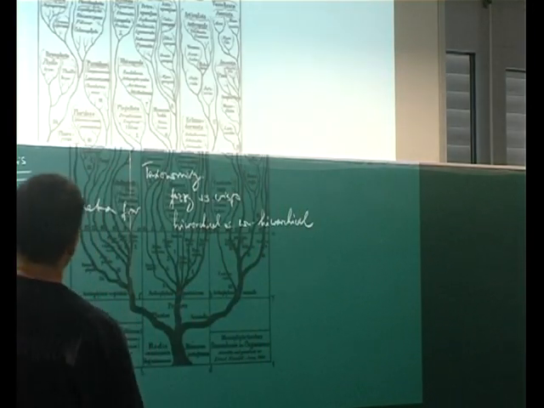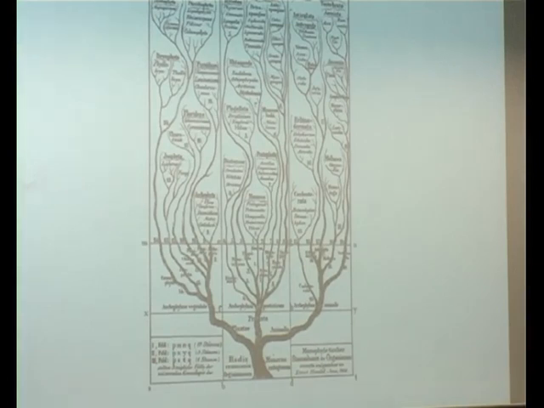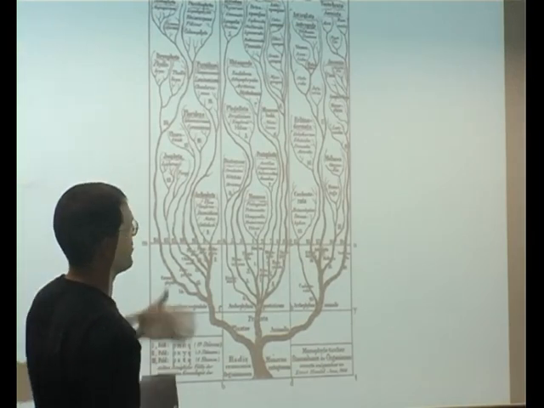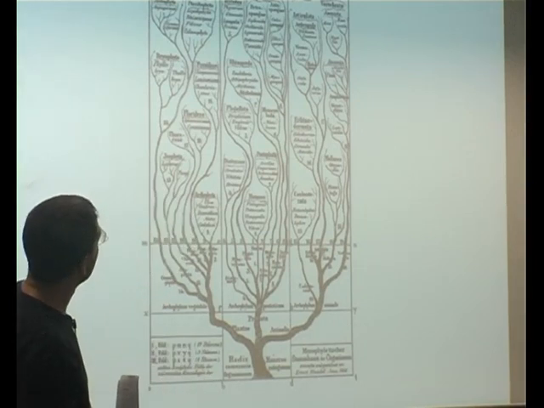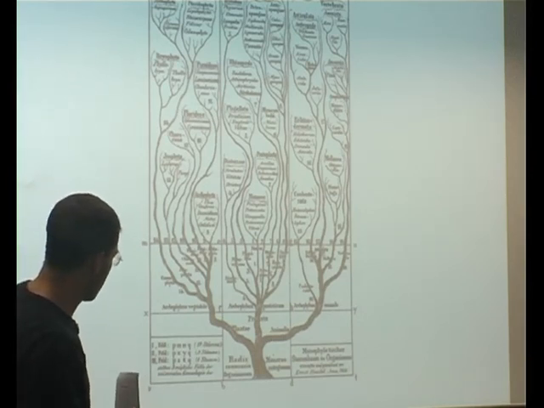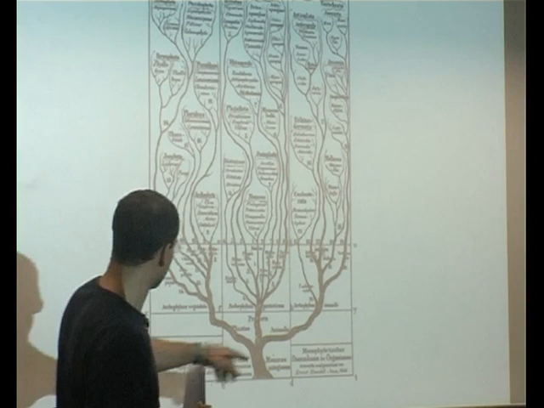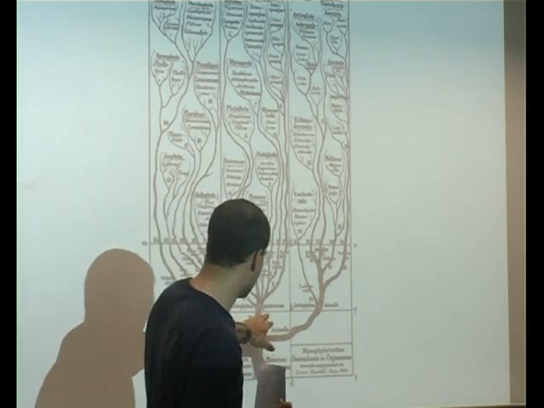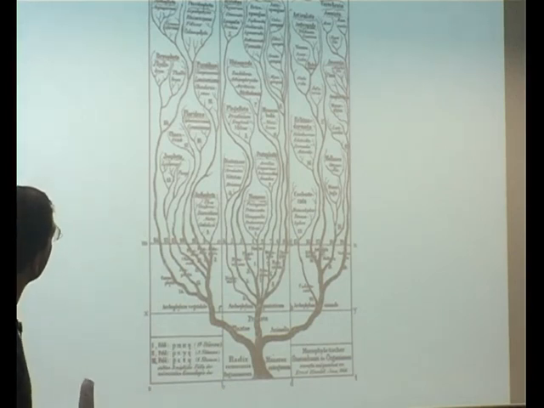I've taken a picture from Ernst Haeckel here, where this picture is no longer up to date. The tree of life today looks a little bit different. In particular, people are no longer sure if it's really a tree or if it's not a more general graph. But in those days, he distinguished between animals and plants, and I cannot read this, some kind of low-level organisms.